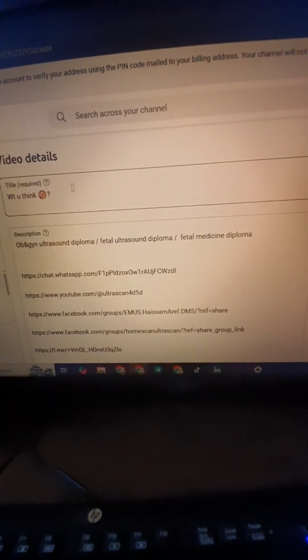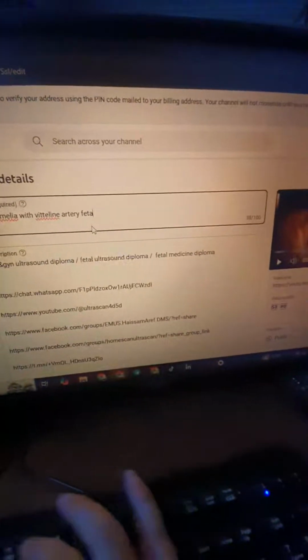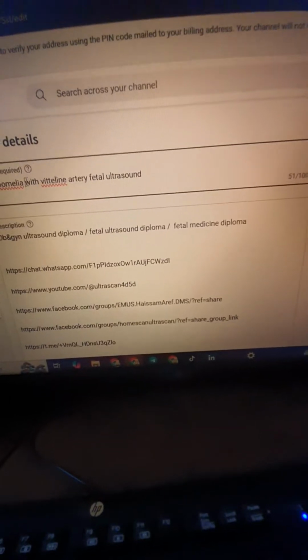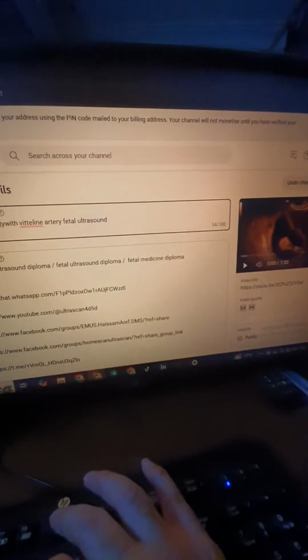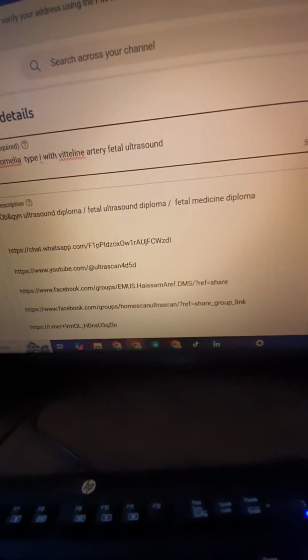I need to put your collage with the classification, with vitelline artery, and let's write, like Dr. Ala said, type 1, because we do have multiple types.